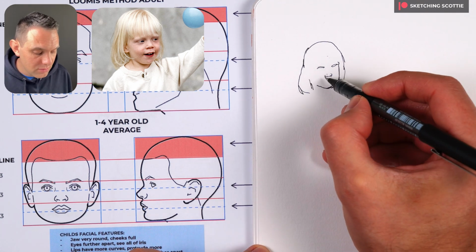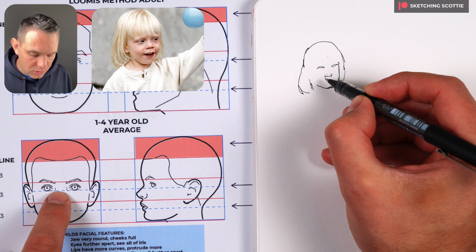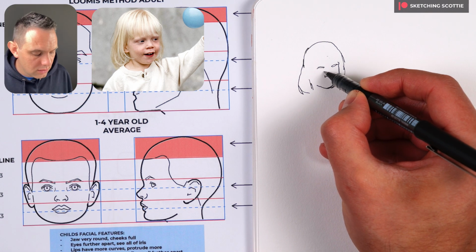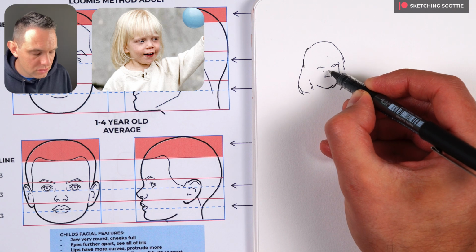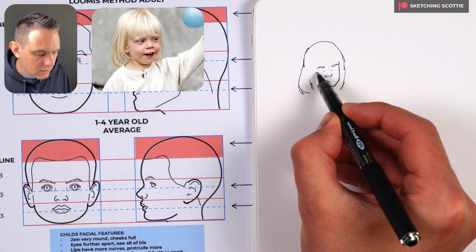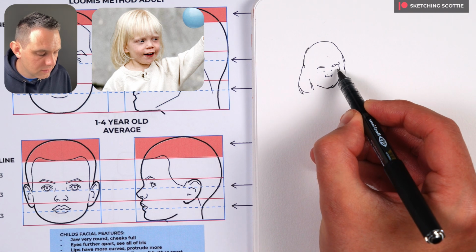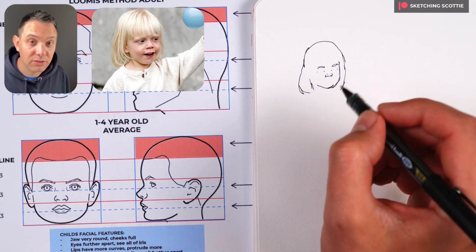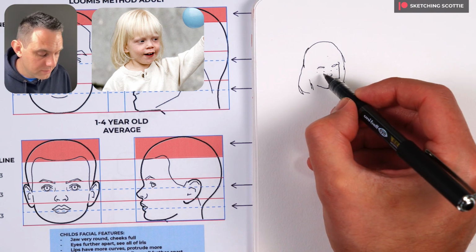Now with the eyes, remember that we come up a lot lower than we do on the adults. So let's go about here, so angling just slightly here. Go across the same distance. Okay, and now we've got the positions where the eyes go. So let's draw that.